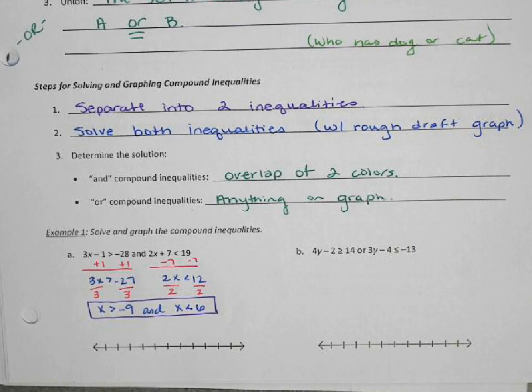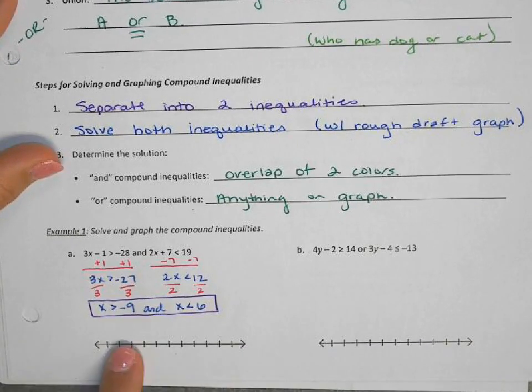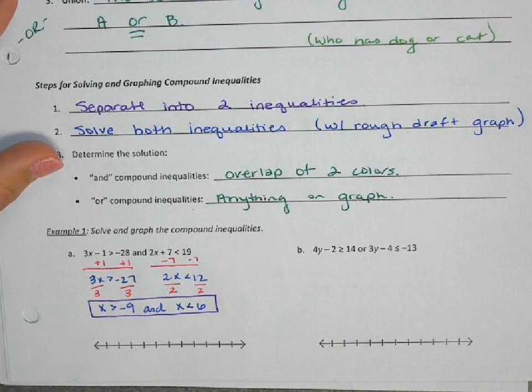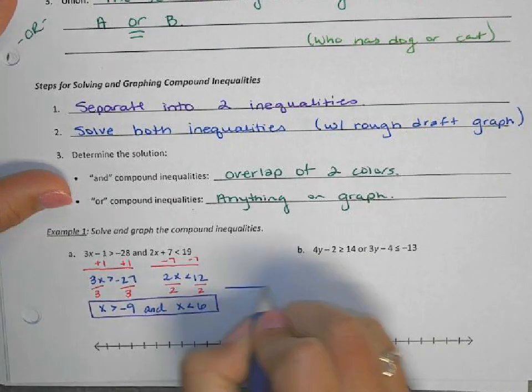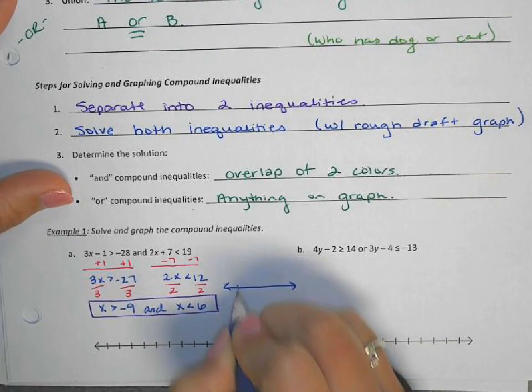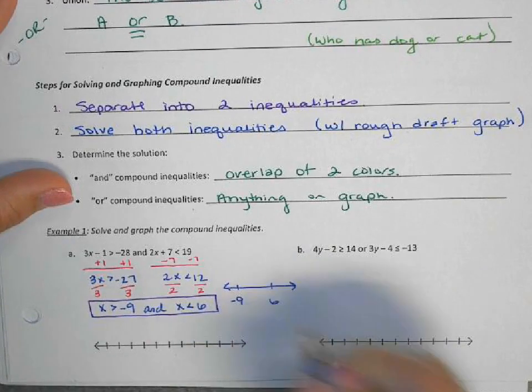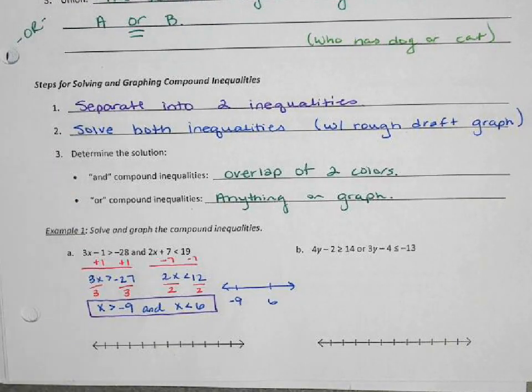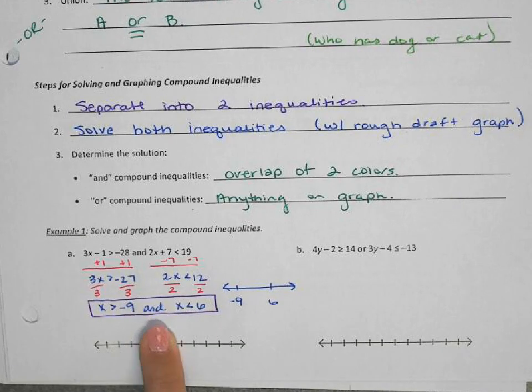Okay, so that means I'm going to color code these, and I'm going to make a rough draft before I put it on my final draft here. When I make my rough draft, I know I'm going to have something at -9 and something at 6. Since it's an "and," I'm going to be looking where it's both colors.